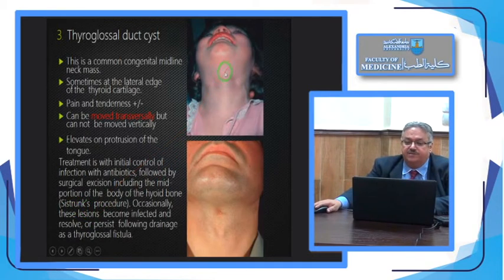You might follow the thyroglossal tract into the foramen cecum, through multiple step ladder incisions, to excise the cyst with the middle portion of the hyoid bone up to the foramen cecum.